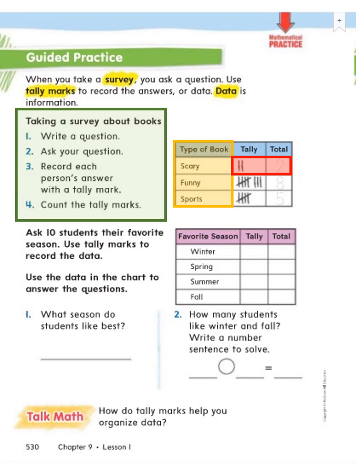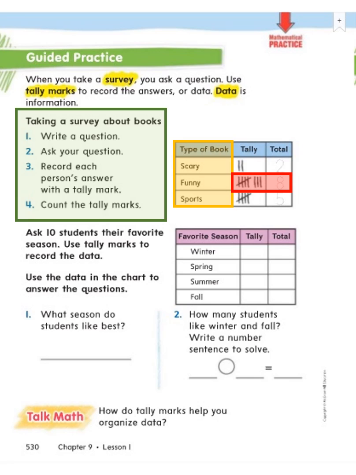There are 2 tally marks, and then we write the number 2 in the last column. For funny books, 8 people said that that was their favorite kind of book, so we have 8 tally marks. Remember, when you see that diagonal line, that's 5. And then we can count the 3 standing by themselves. 5 plus 3 is 8.